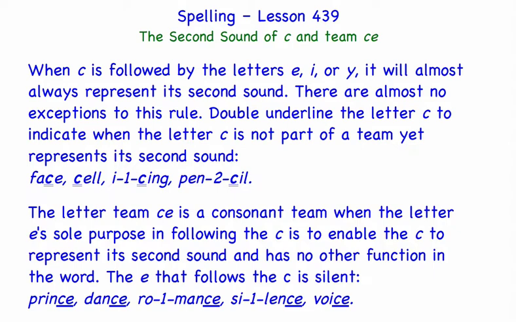In romance, in the second syllable at the end, we have CE again. And the only reason the E is in the word romance is to allow the C to represent its second sound. It's not causing the A to make its long sound. And that's also true in the word silence. The CE is a consonant team at the end of that word.